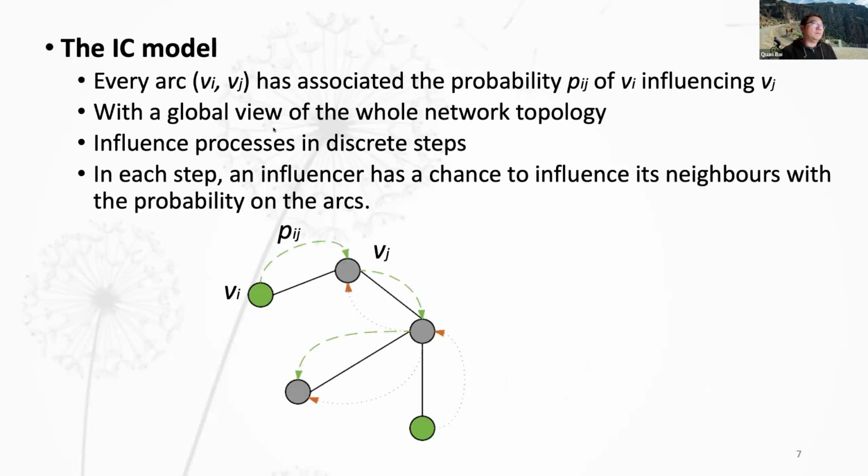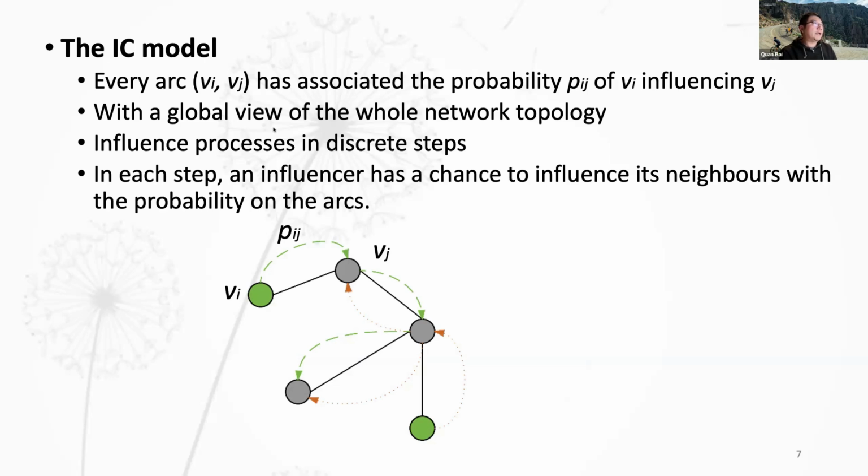A typical example is a probability-based model, normally called the IC model. The IC model is a very traditional, classic influence modeling method.